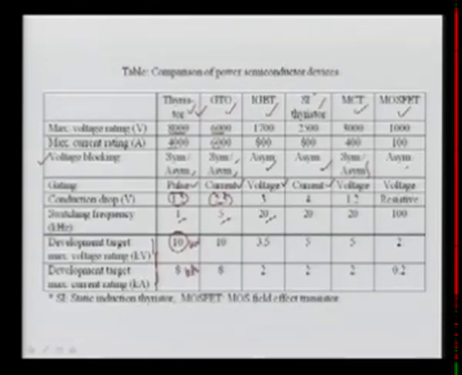We also expect GTOs to be available in 10 kilovolt, 8 kiloampere single units. Similarly, we expect more development in IGBTs, and the cost may keep on reducing.